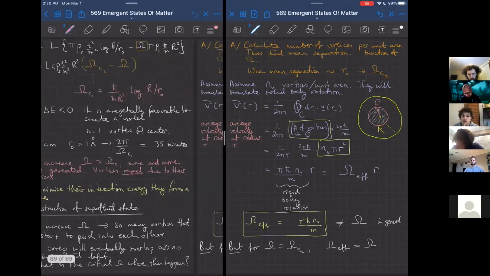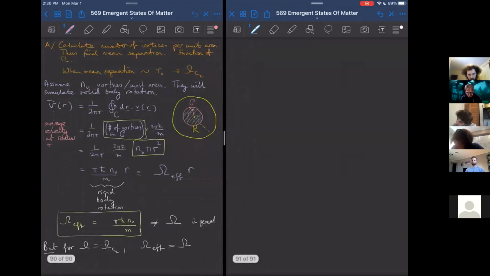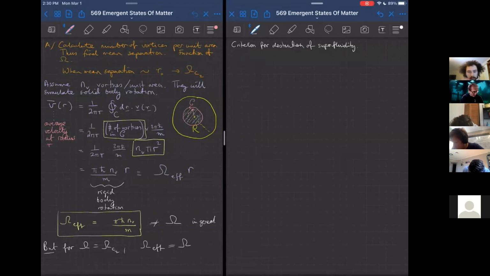So what is the criterion for the destruction of superfluidity? That is when the distance is of order the core size.